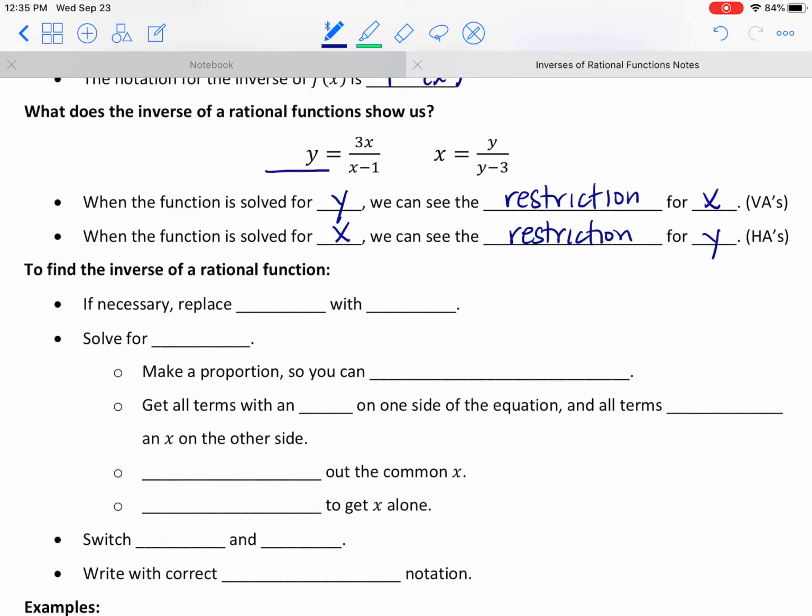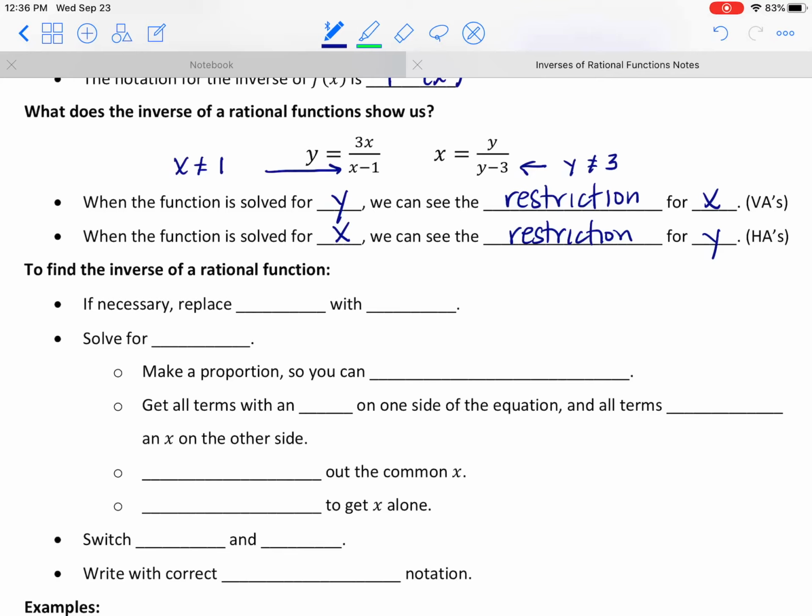So again, here we could see that x can't be 1 because it would make a 0 in the bottom of the fraction, so that would create a vertical asymptote. And then here we can see that y can't be 3 because it would make a 0 in the bottom of that fraction. Okay, so we can see the vertical asymptotes when it's solved for y, and we can see the horizontal asymptotes when it's solved for x.